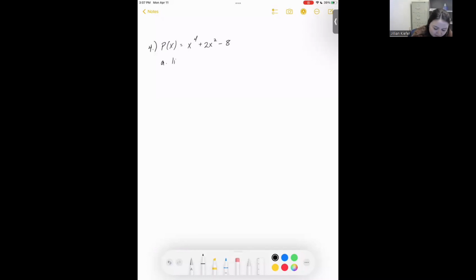So A, we want linear and irreducible factors. So looking at our polynomial, right away, we want to look for easy ways to factor our polynomial. Anything that we can take out, any type of factoring method we can use, anything along those lines.